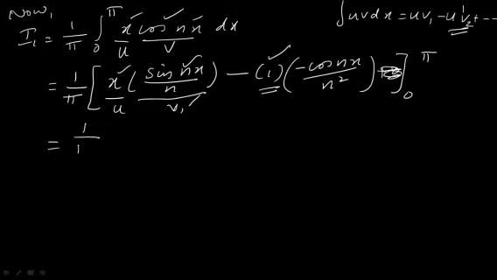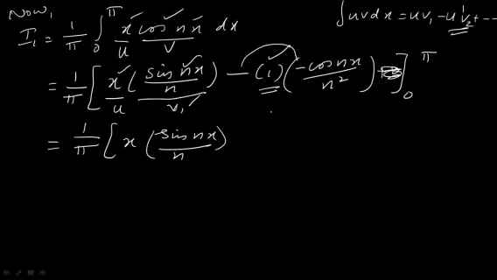So that is equal to 1 by pi, x sin nx by n, and this minus and minus becomes plus cos nx divided by n square, with the limit from 0 to pi. Let me now substitute the limits.